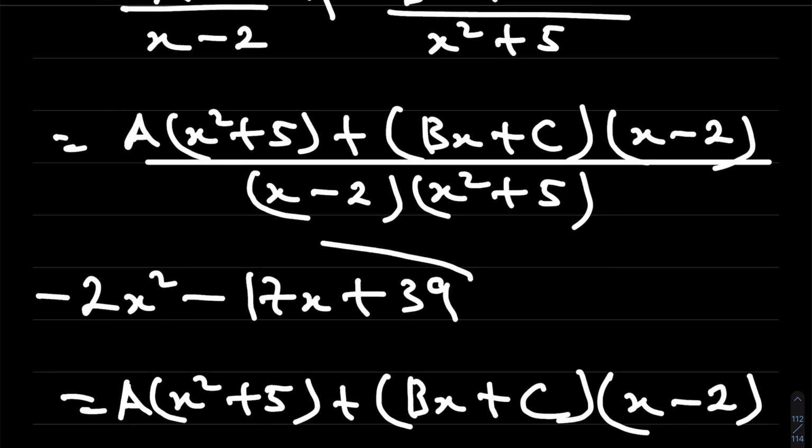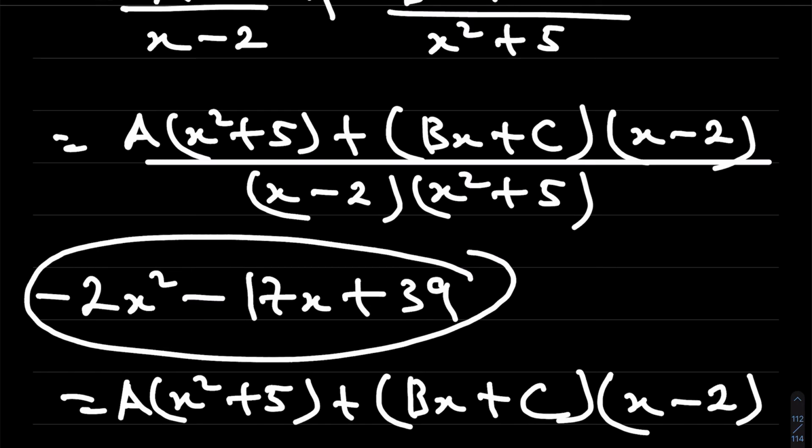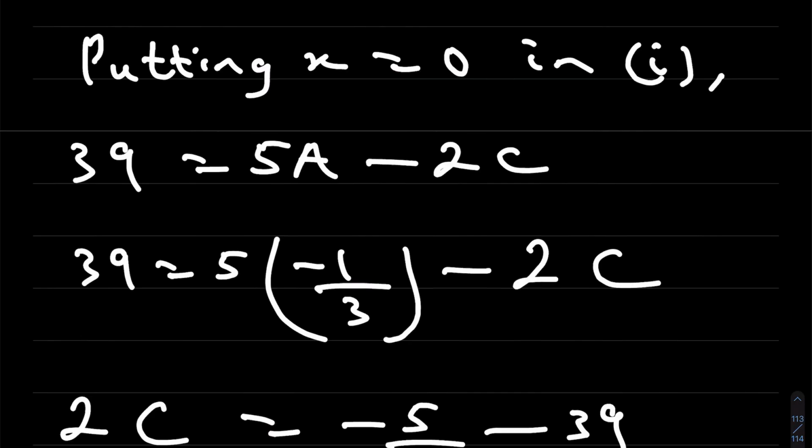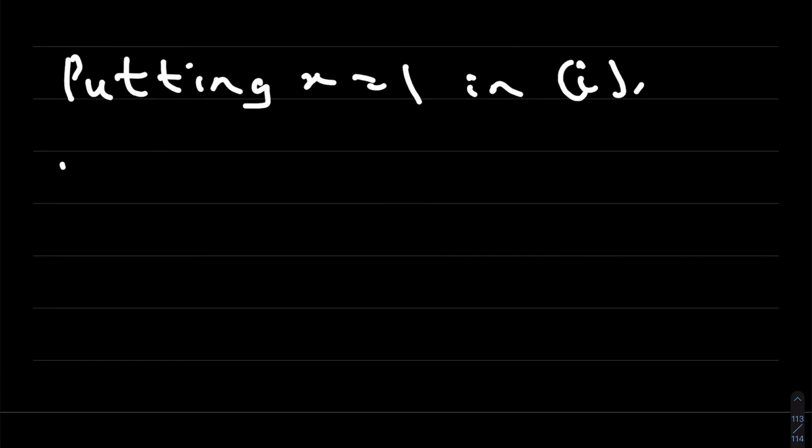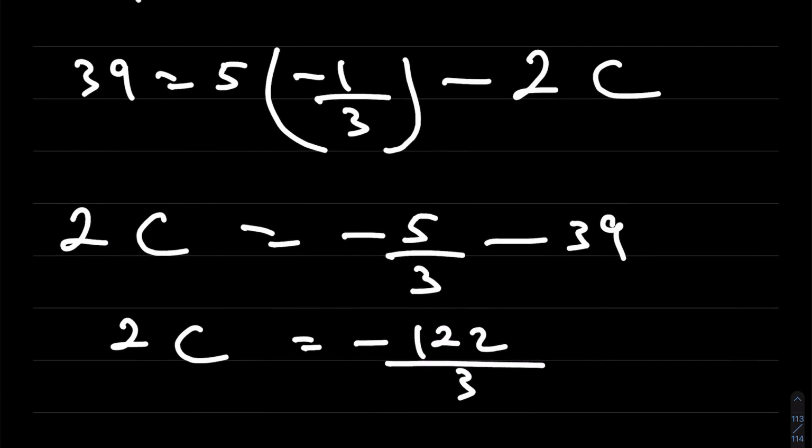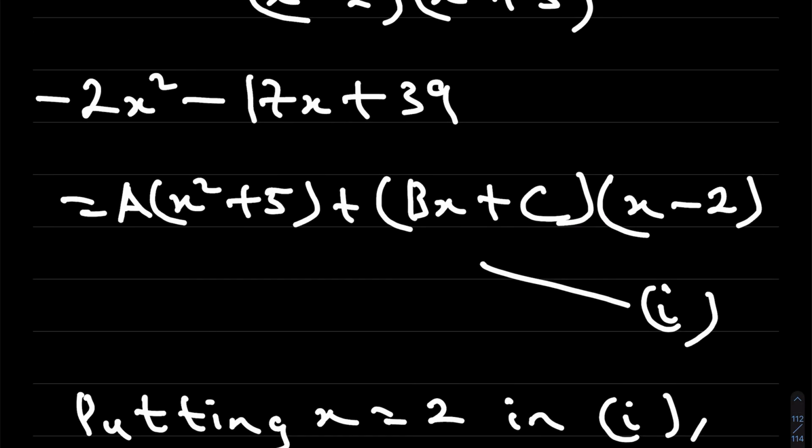This will be minus 2 minus 17 plus 39, and that's actually minus 19 plus 39, which is 20. So the left hand side will become 20, and that means 20 equals, what's the right hand side going to become? 1 squared is 1 plus 5, 6 times a, that's 6a.